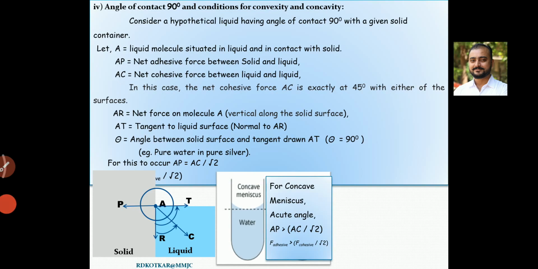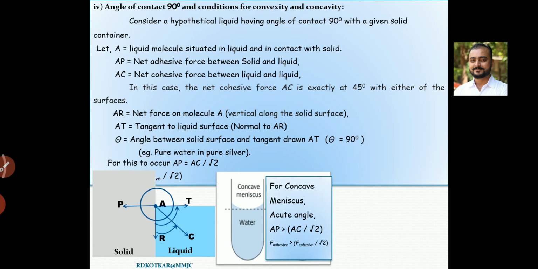First condition is for concavity. What is the concavity here? That is simple, the condition for formation of a concave meniscus. How does the concave meniscus form here? In the figure you observe, a concave meniscus is formed due to the water poured in a liquid.